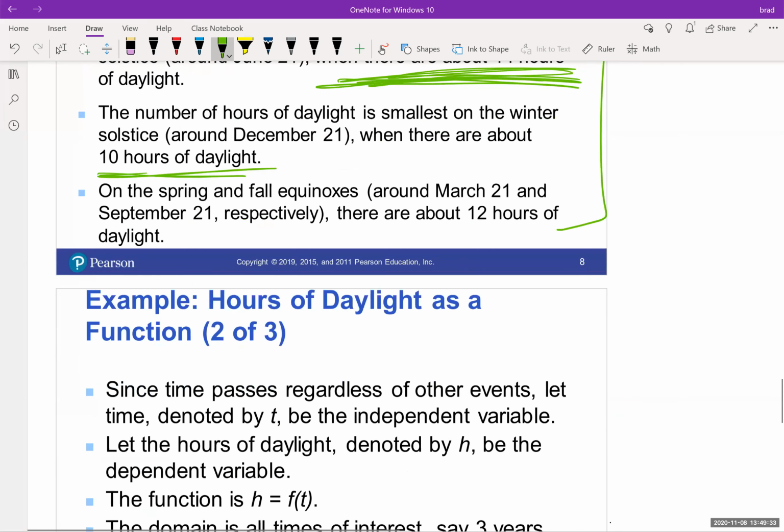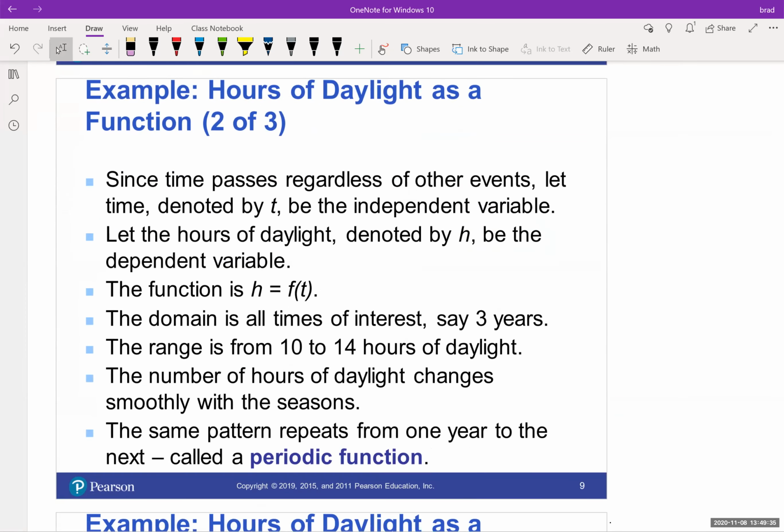Okay, so then it says, since time passes regardless of other events, let time denoted by t be the independent variable. So we know that t equals time is going to be our independent variable, which makes a lot of sense. And I will tell you guys, in general, if you're working with time, it's almost always going to be the x-axis, the left and right axis. It says let the hours of daylight denoted by h be the dependent variable.